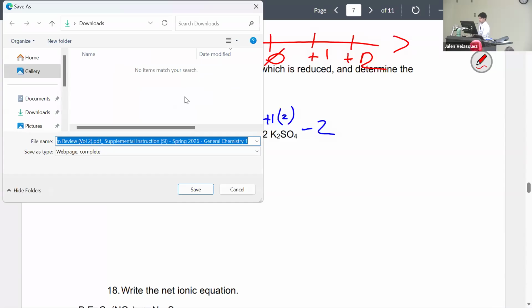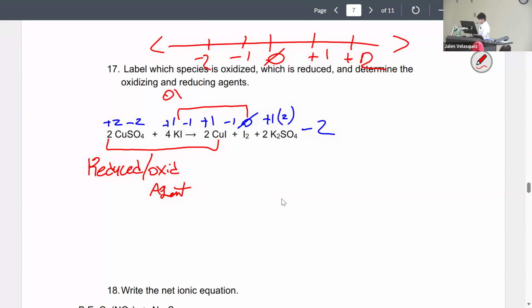So what do we call the loss of electrons? Oxidation, right? And so if it's oxidized, what does that have to make it? It's the reducing agent.